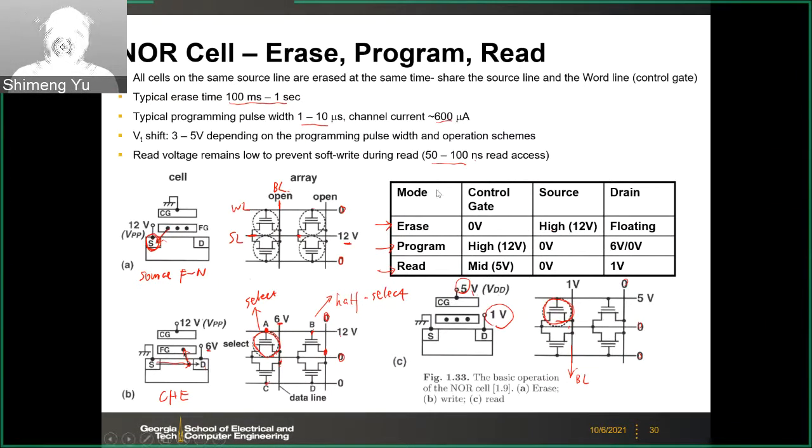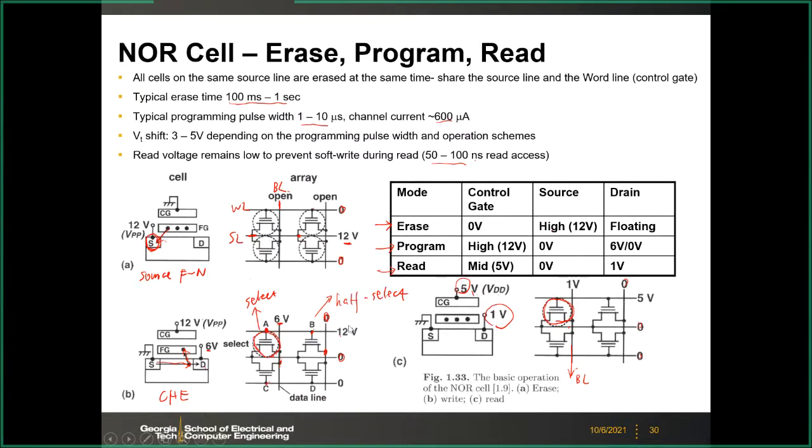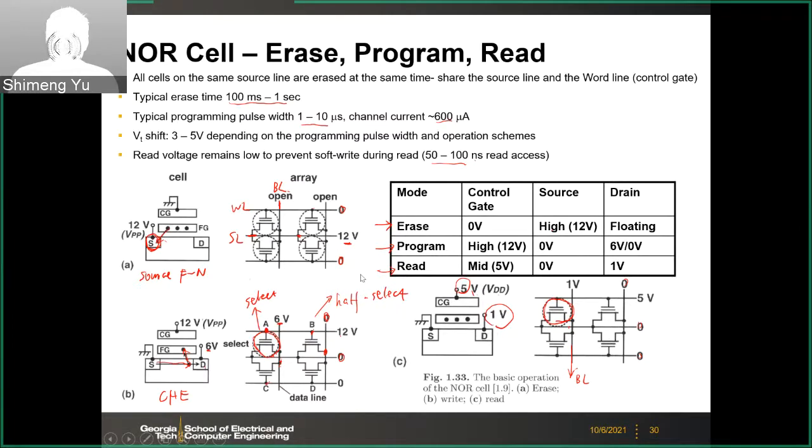Again, this table summarizes all the biases you need to apply to the selected cell, and you should be able to determine the voltage to be applied to the unselected cells. So this is array level operation.